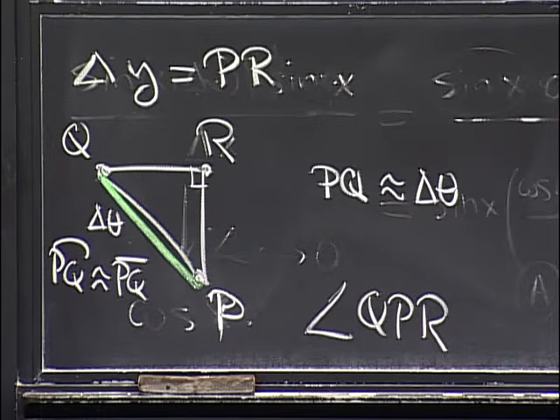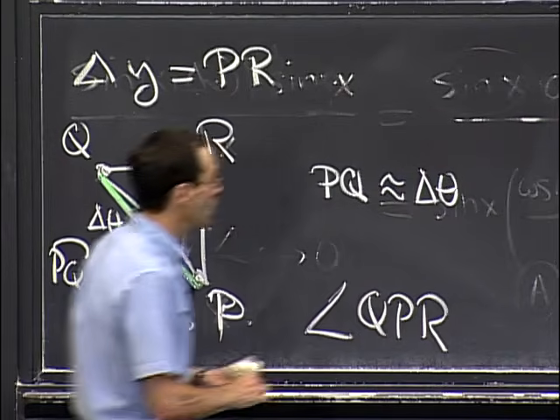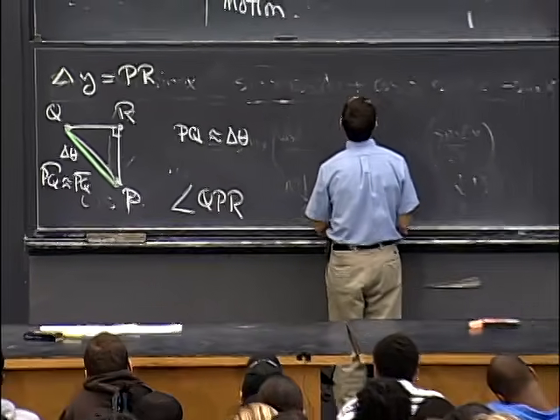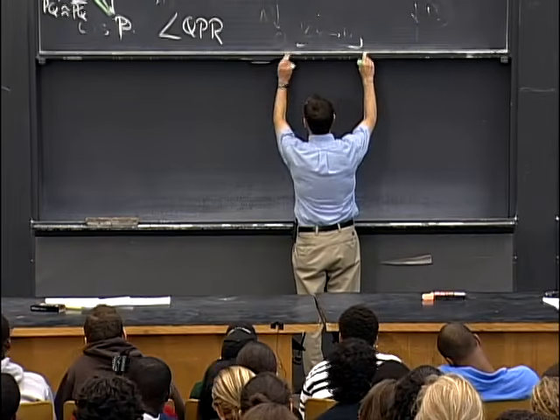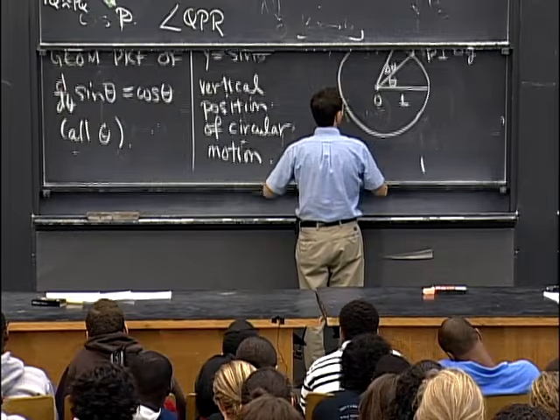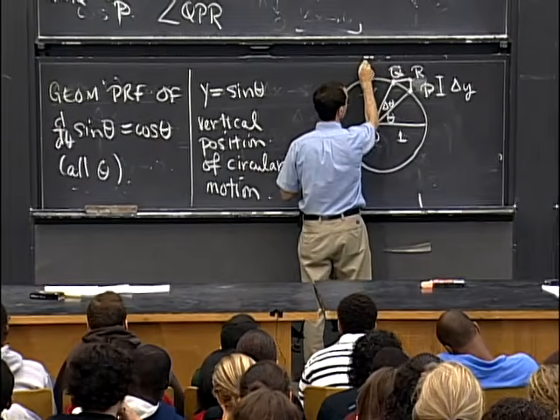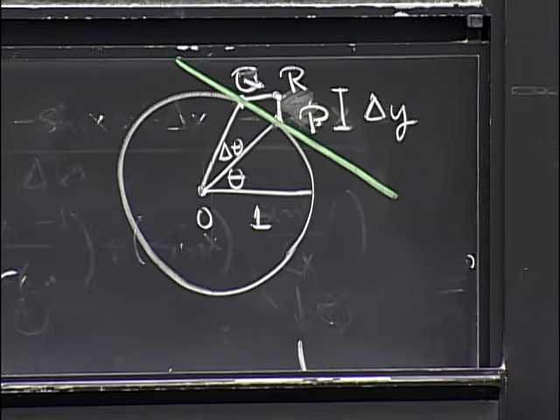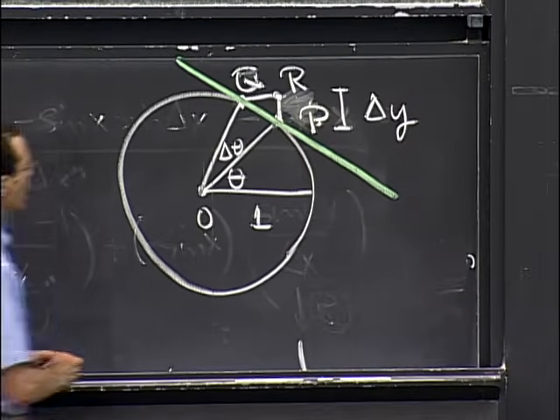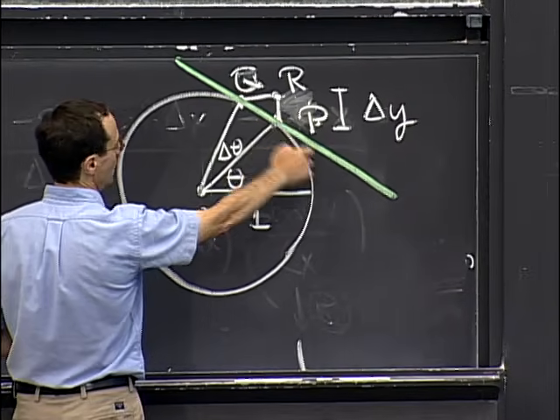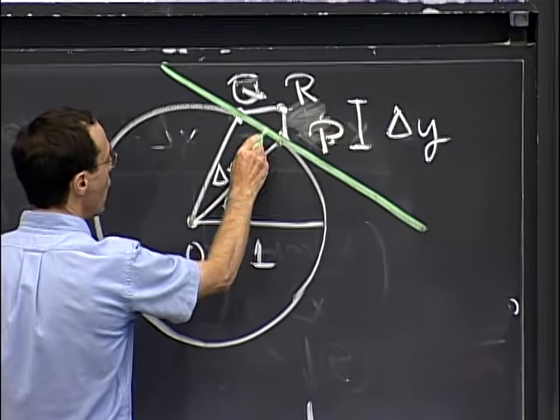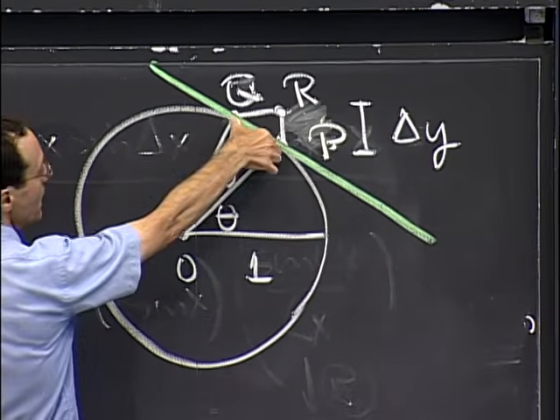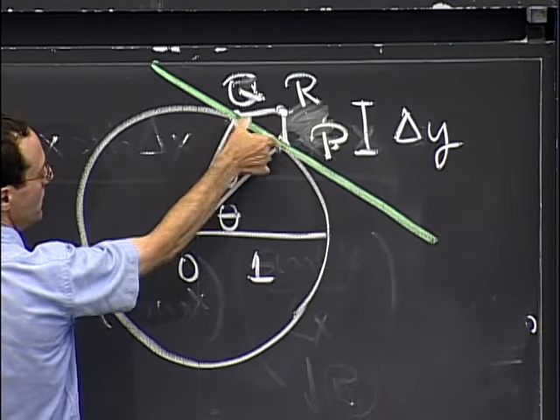So now, let me show you why that's possible to do. First of all, I'm going to trade the boards and show you where the line PQ is. So the line PQ is here. That's the whole thing. The key point about this line that I need you to realize is that it's practically perpendicular. It's almost perpendicular to this ray here. It's not quite, because the distance between P and Q is non-zero.